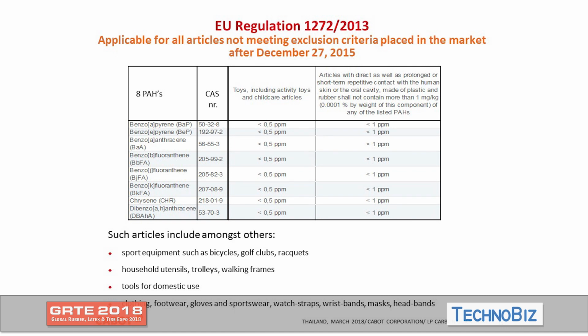This is the majority of article-related, including, among others, sporting equipment, household tools for domestic use, clothing, footwear, gloves, sportswear, and other things.